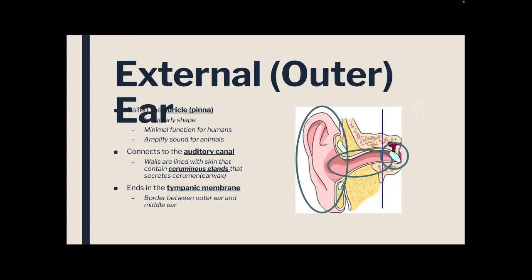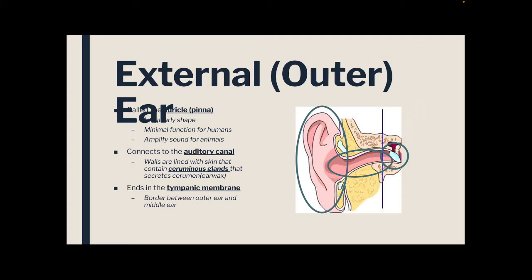So the external ear is going to be connected to something called the auditory canal. The auditory canal is also known as your external acoustic meatus. It's surrounded by skin, and it has something called ceruminous glands.